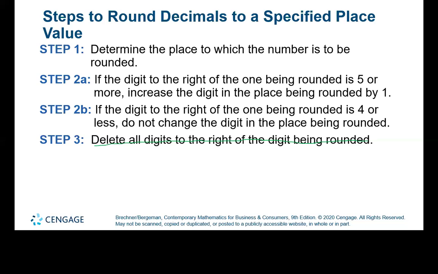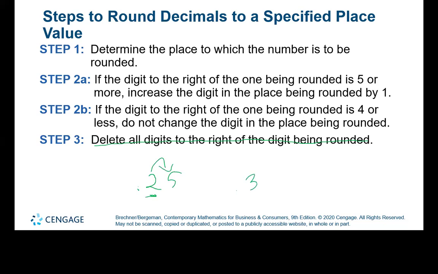Well, with decimals, let me just show you. Let's say 0.25, and we want to round that. This would round up to 0.3.